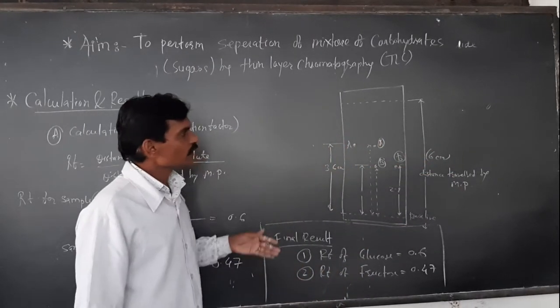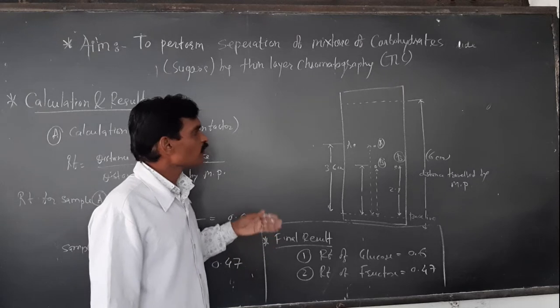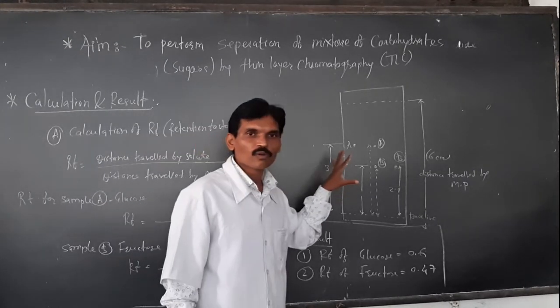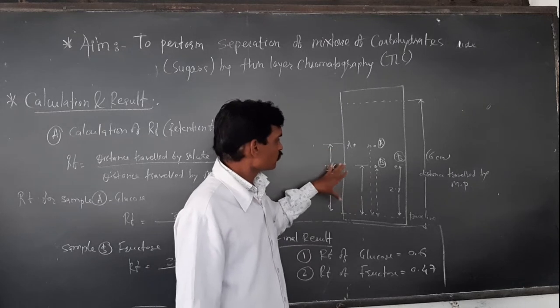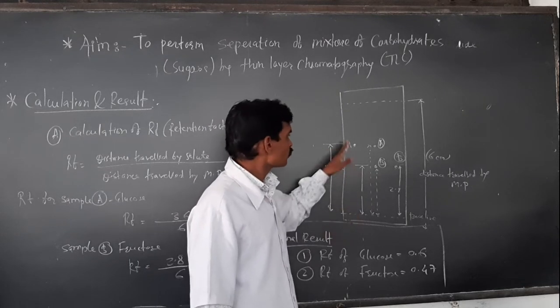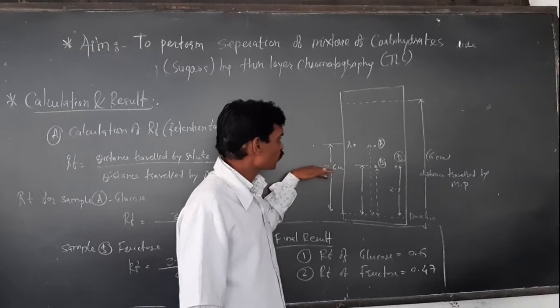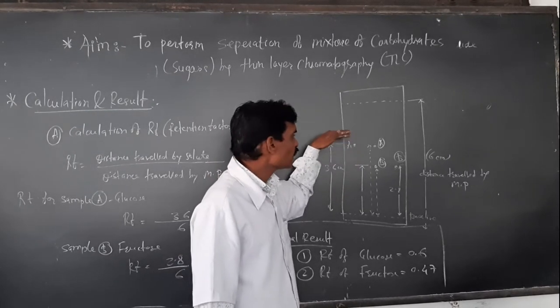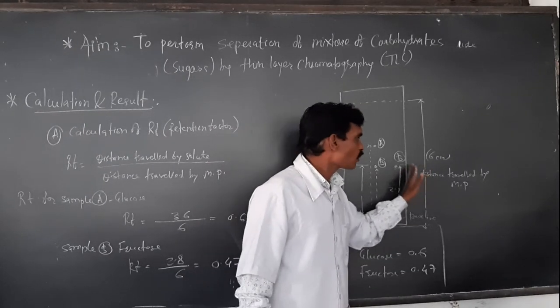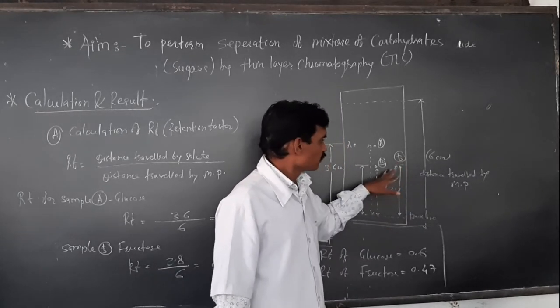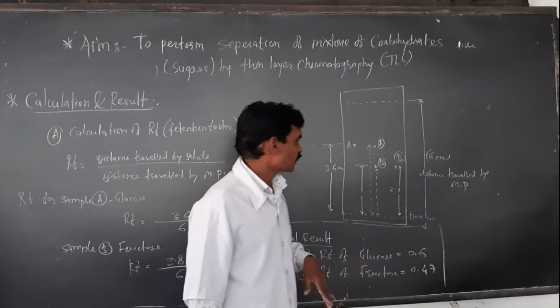After taking out this TLC plate, we develop it in the iodine chamber. So we got 4 spots. First, we got the spot at the first corner at a distance of 6.6 centimeter, which is the spot of sample A. Similarly, at this corner we got the spot of sample B at a distance of 2.8 centimeter.